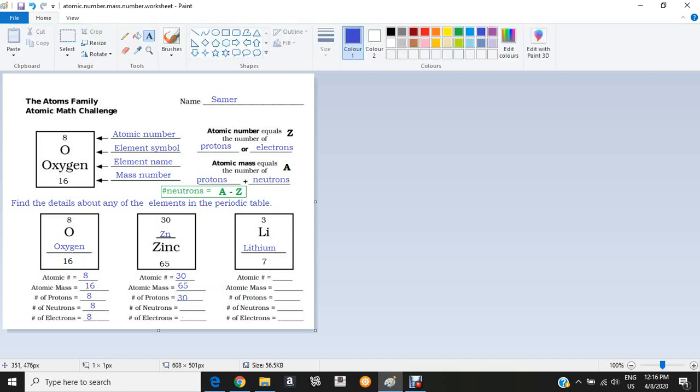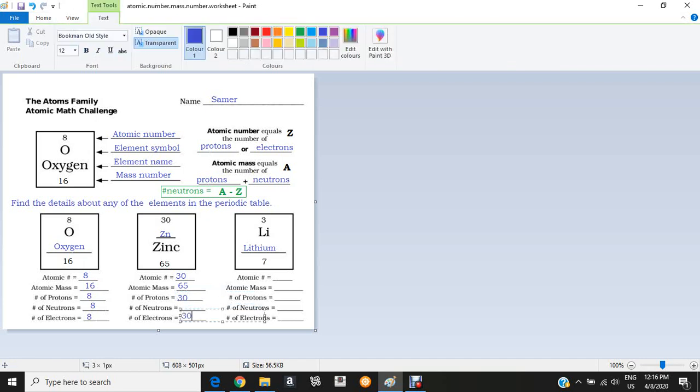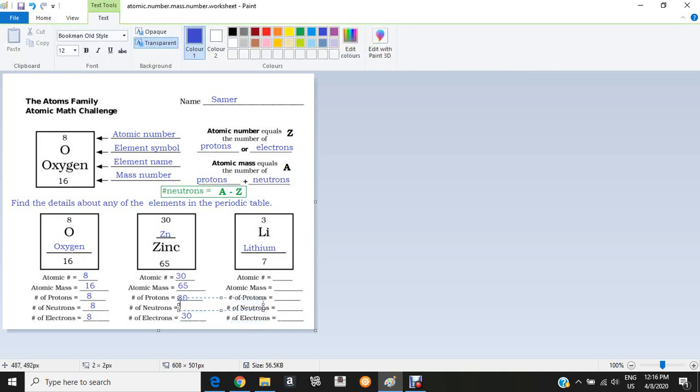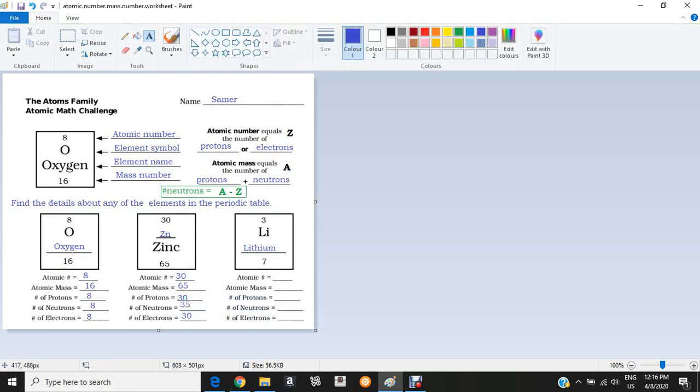Number of electrons for zinc? Also 30. Number of neutrons for zinc? It's 65 minus 30, that is 35. So this is one of the elements that does not have the same number of protons and neutrons.